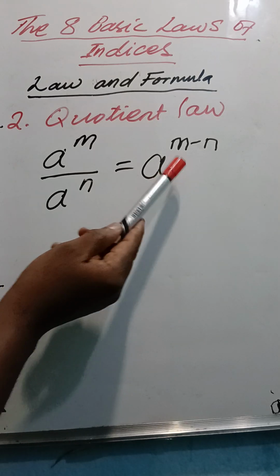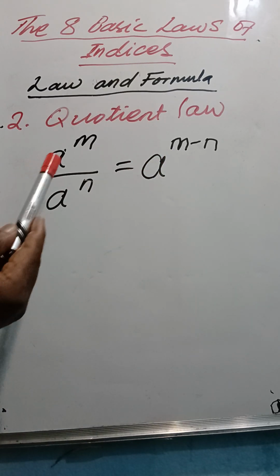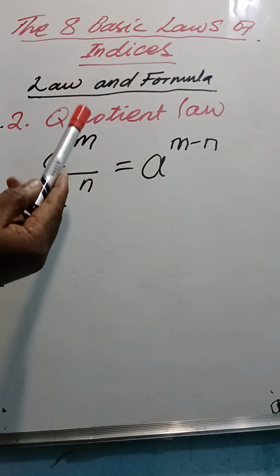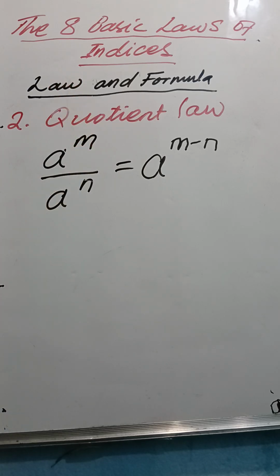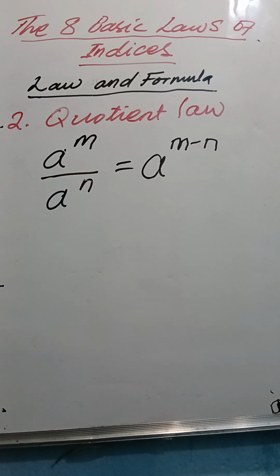So this implies that a to the power m is being divided by a to the power n. This is the case only if the base is the same.